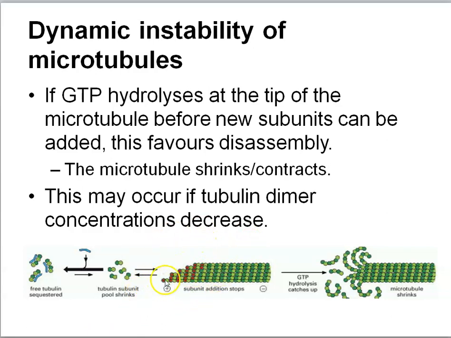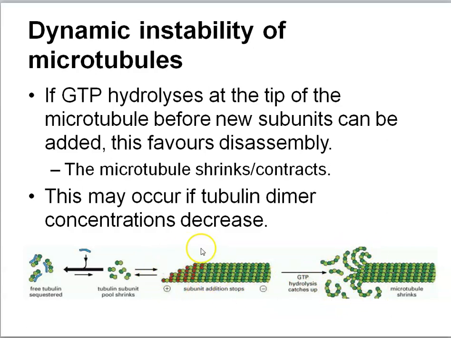If this GTP, which is on the beta tubulin, remains GTP bound, that encourages more and more tubulins to bind to this extended microtubule. However, if GTP hydrolysis occurs at this cap, we then tend to get disassembly of the microtubule.